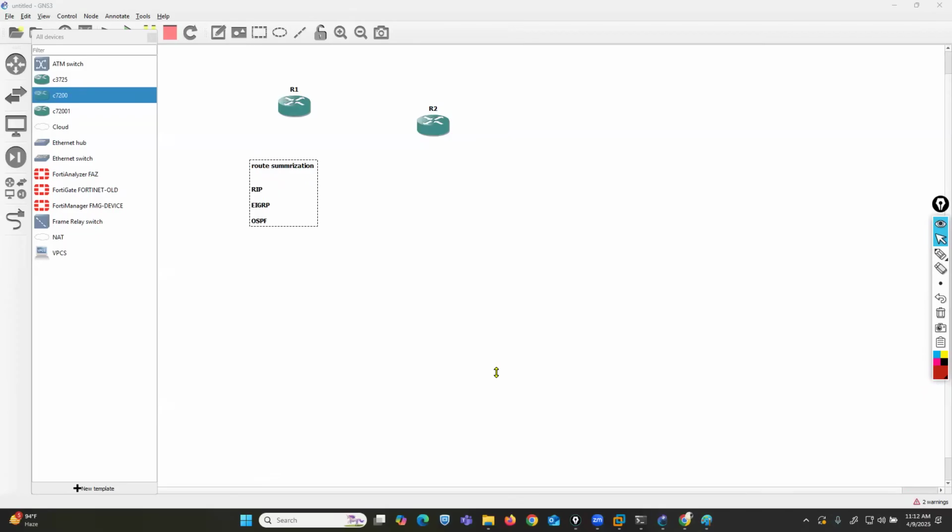VTP, image filtering. I think that's all. Okay, dear. 1, 2, 3, 4, 5, 6, 7, 8.